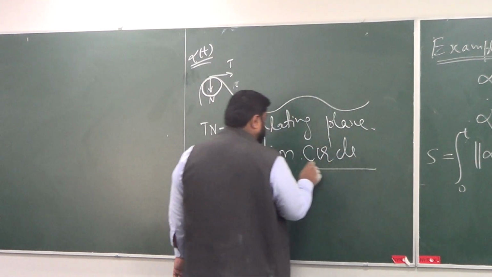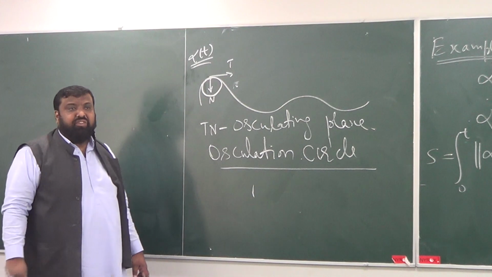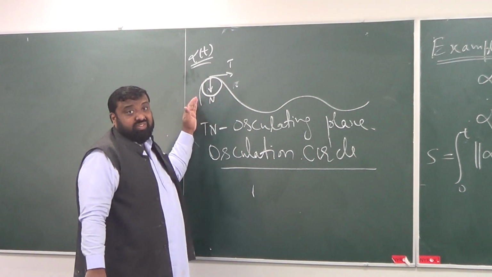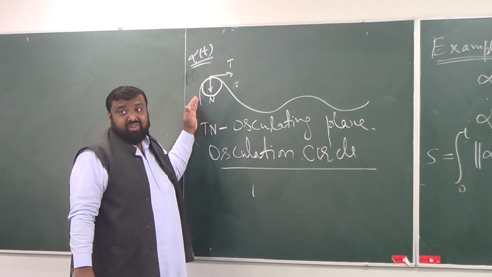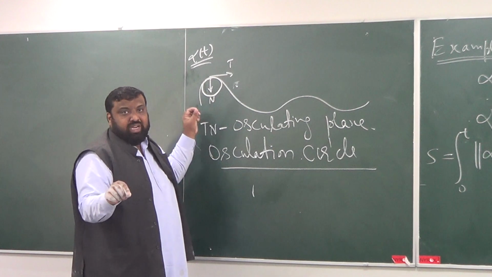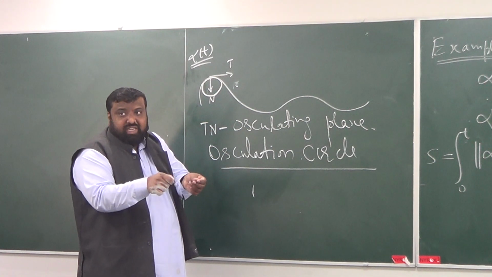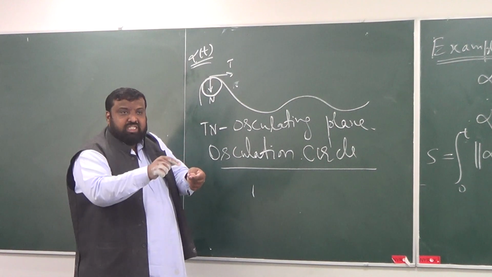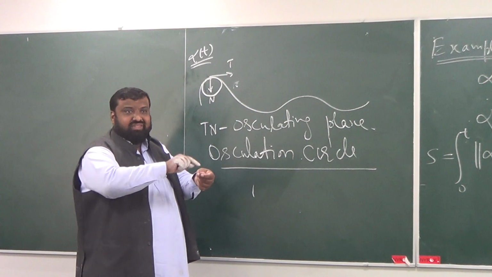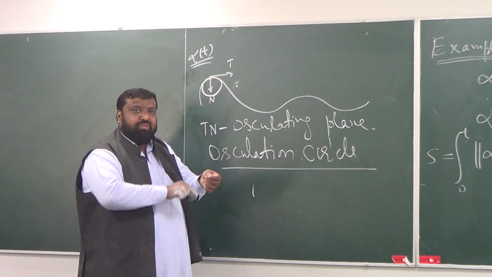So what's the good thing about the osculating circle? If you want to find the curvature of a curve at a particular point, take that point and two other neighboring points on the curve, and fit a circle through those three points. Then compute the radius of that circle.